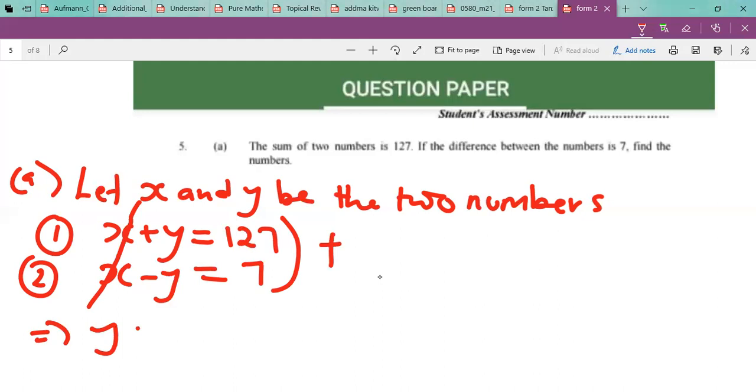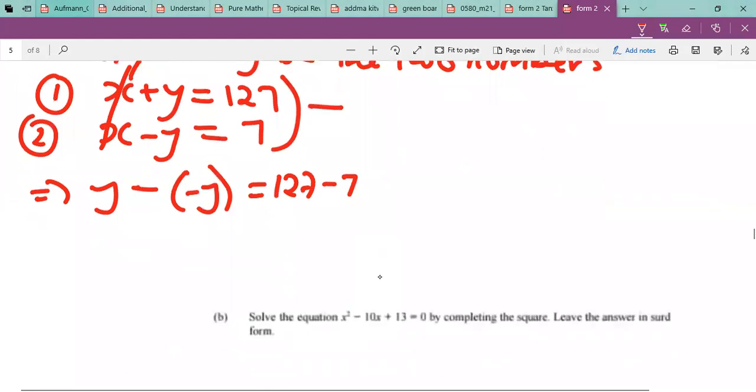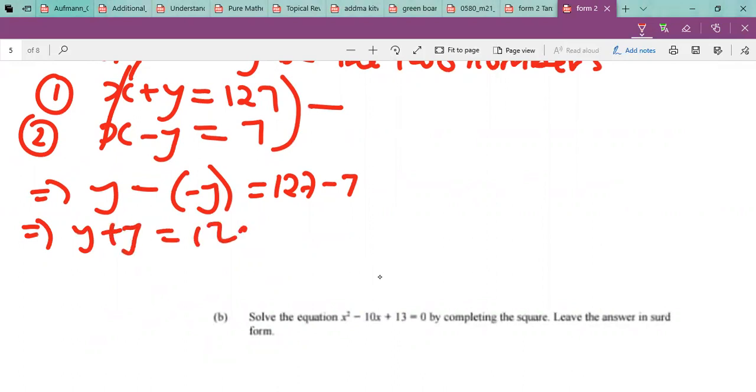Take note here, we have to be a bit careful. Here we need to subtract because of the signs that are the same. So this one will go. So it will be y minus y is equal to 127 minus 7. Okay, so this implies that you have got y plus y, which is equal to 120.